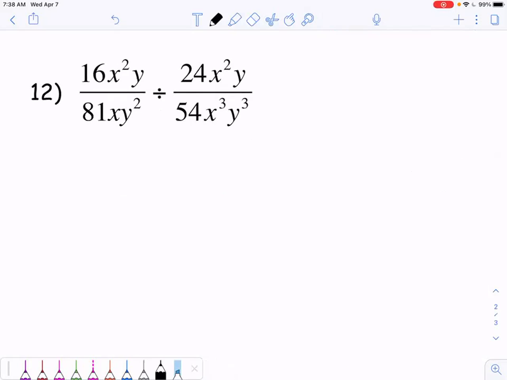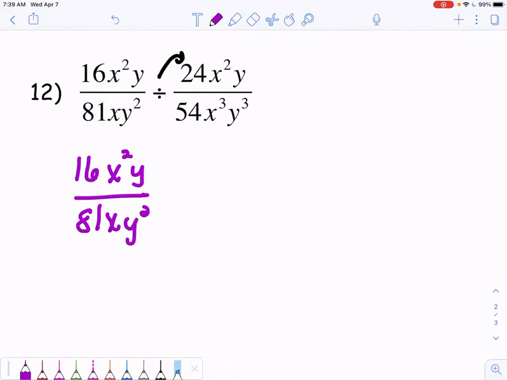With the second fraction. Yeah, so the second fraction, whatever follows the division sign, that flips. Because division is really multiplying by the reciprocal of whatever follows the division sign. So the second fraction becomes multiplication.